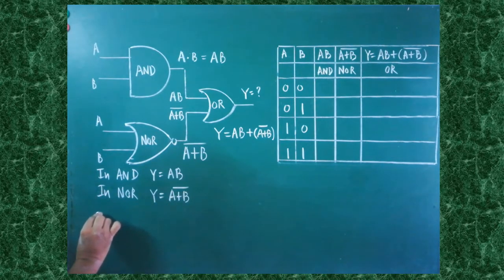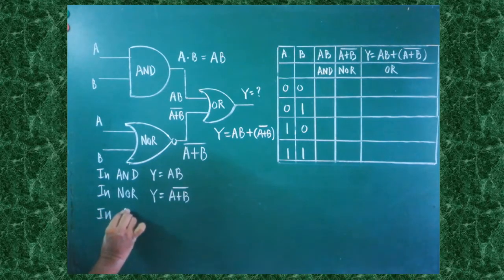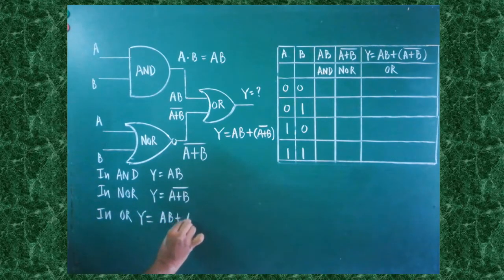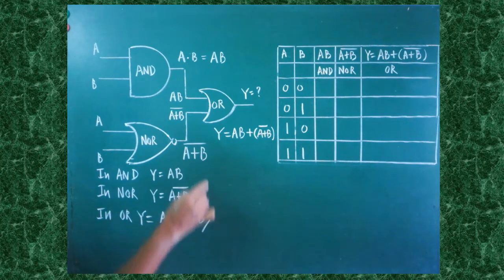The final output is obtained from the OR gate, where the output will be these two ORed. Therefore finally you will be getting AB + (A + B) whole bar. So this is the final output you have got.